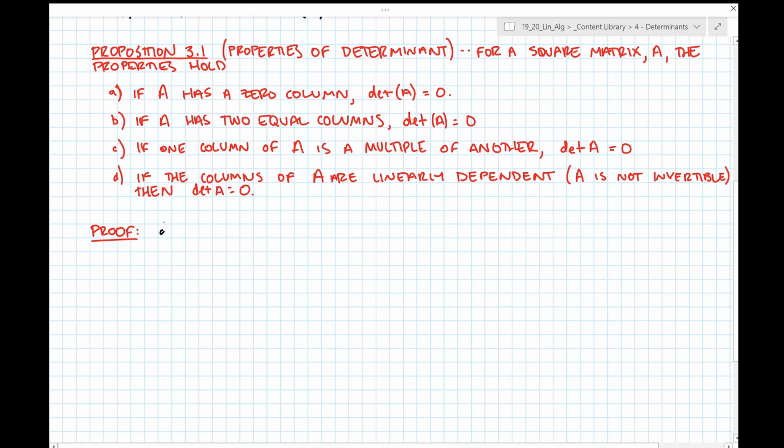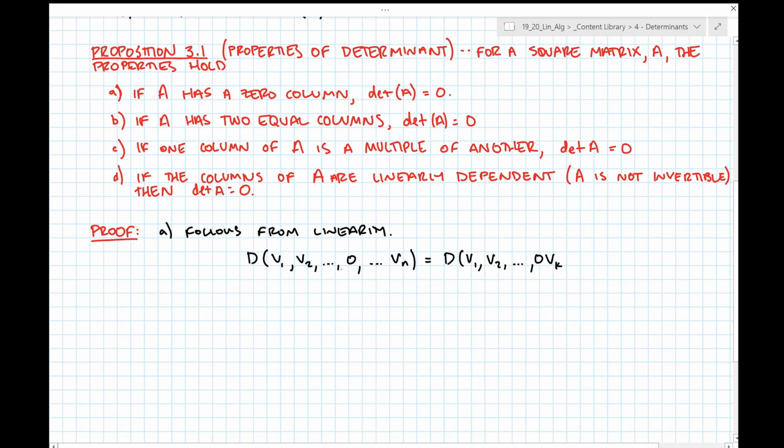A is really neat. A follows almost immediately from linearity. What I mean by that is if you have the determinant of V1, V2, and then some Vk, well, say you've got a 0 column in there, and then a couple others, up to Vn. Well, that's really the determinant of V1, V2, 0 times some vector, which we'll say is in the kth position.